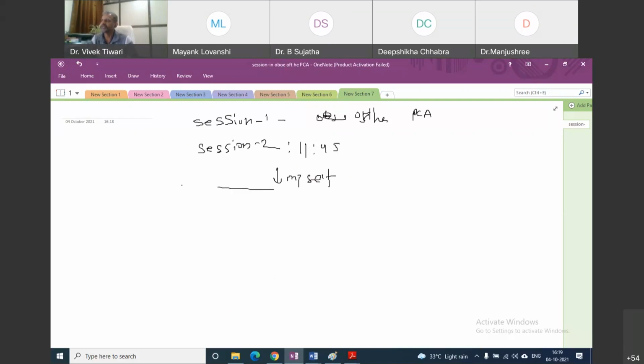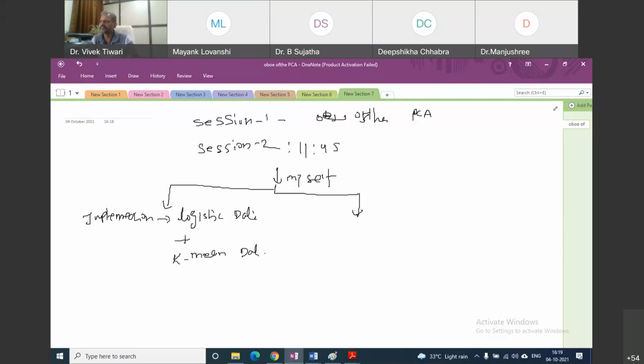Now I have two ideas, and whatever you say, I will pick up. Whether I will show the implementation of the logistic regression we have covered, but we didn't see the implementation with the data set, plus the implementation of the k-means we have just seen with the data.